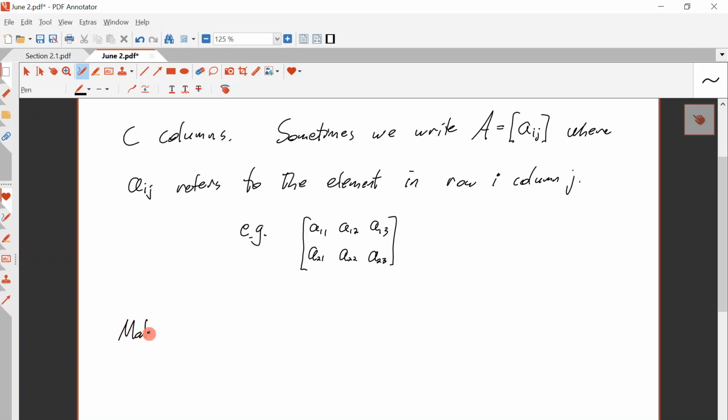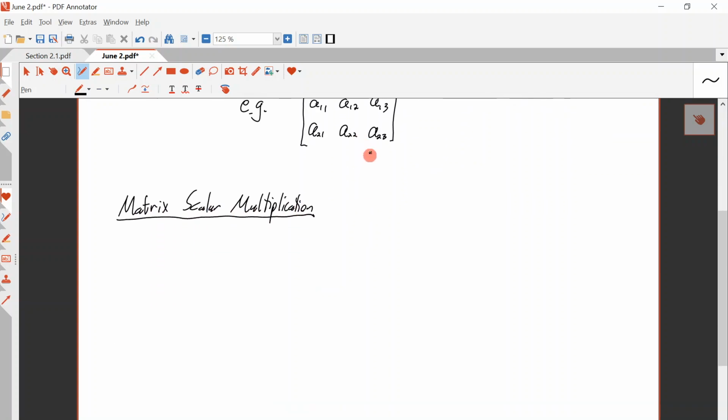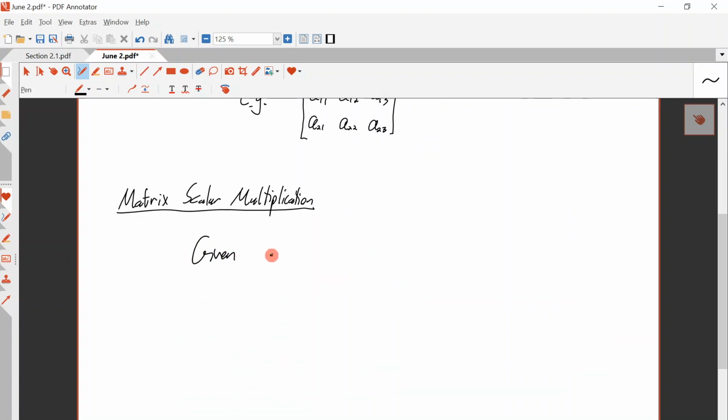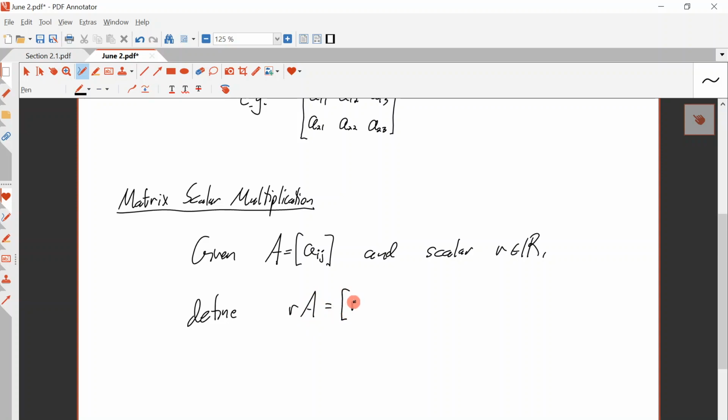So first, matrix scalar multiplication. Given a matrix A, capital A, equal to bracket little aij, and a scalar R, we define the scalar R times matrix A to be the matrix whose entries are R times Aij.